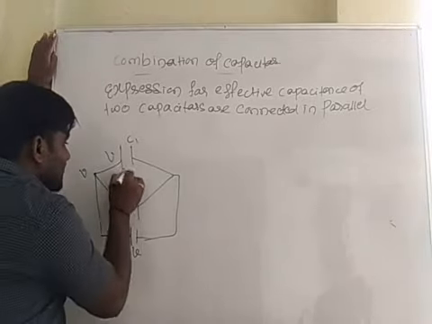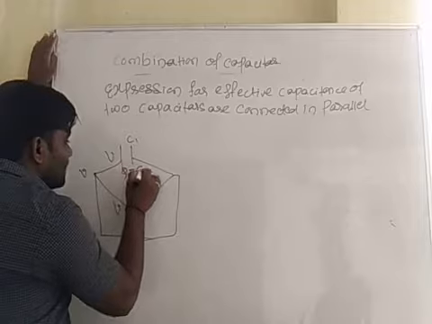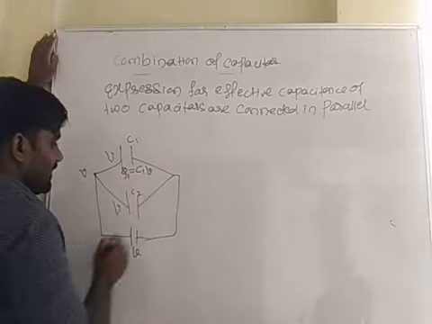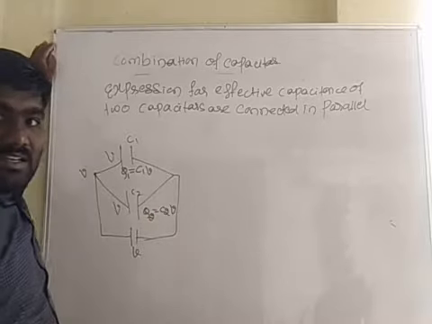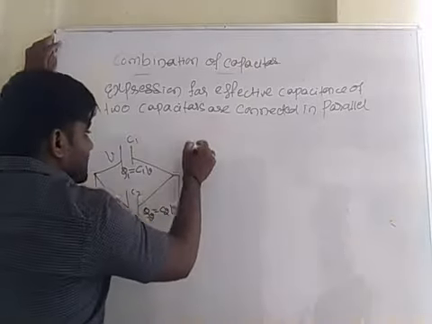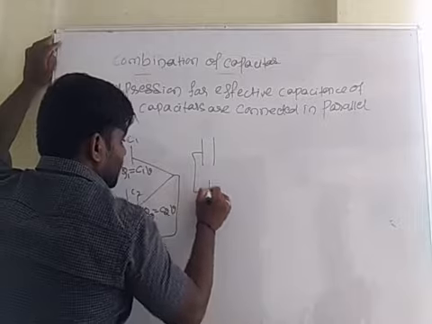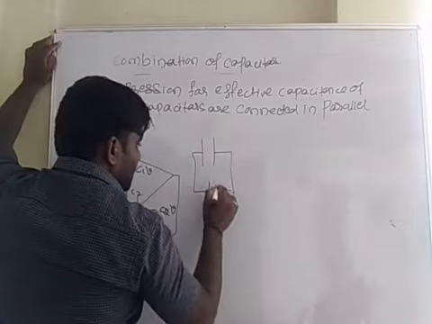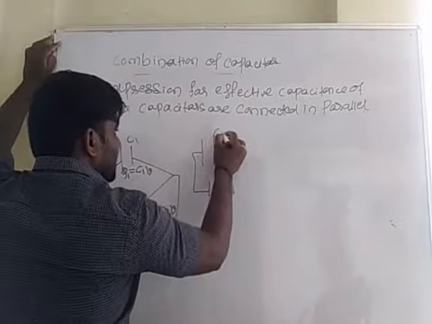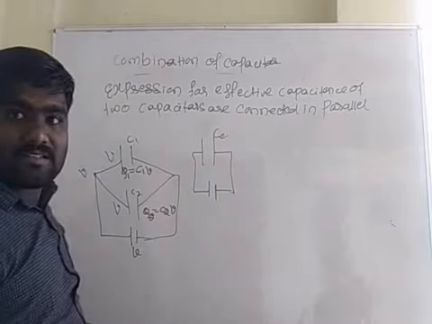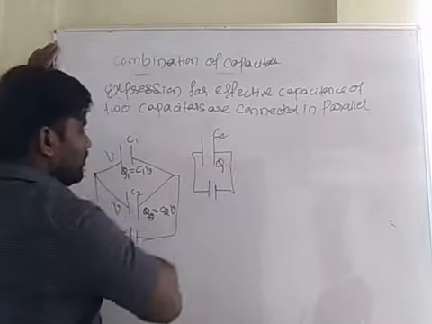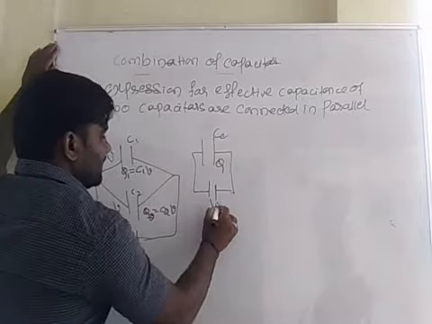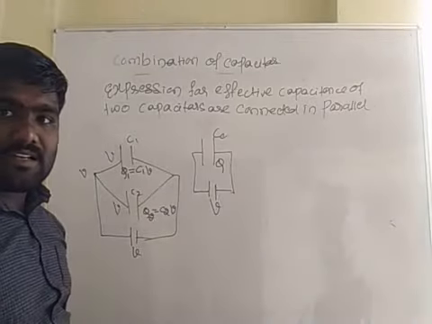But the charge is Q1 equal to C1 into V, then Q2 equal to C2 into V. Then I am writing the effective capacitance, it will be Q over V.